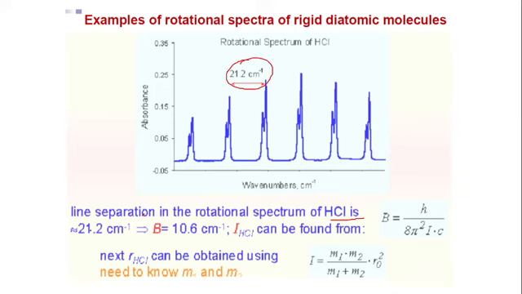That means from this, the value of 2b, we can calculate the value of b, which is equal to 10.6 centimeter inverse. By using this value, we can find the moment of inertia using the formula b equals h upon 8 pi square I c. We can also find the bond length r of HCl by using the formula I equals m1 into m2 divided by m1 plus m2, into r0 square. For this we must know the values of m1 and m2.